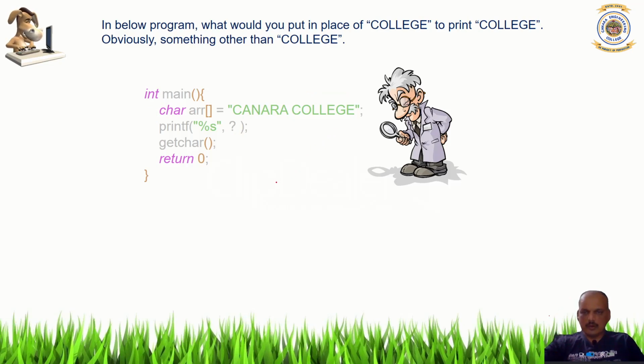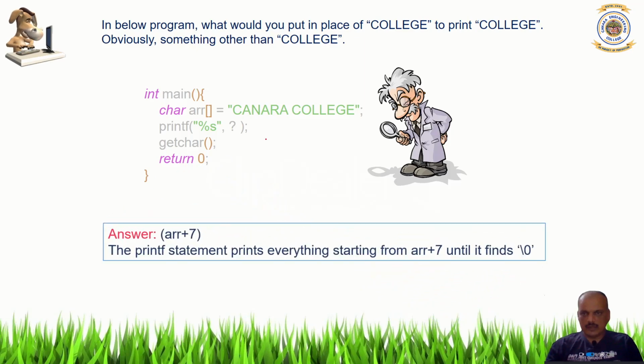Okay, hope you have got the answer, and let's look at the actual output. Those who have written something like that, bravo. The answer here is that this question mark needs to be replaced by array plus 7.